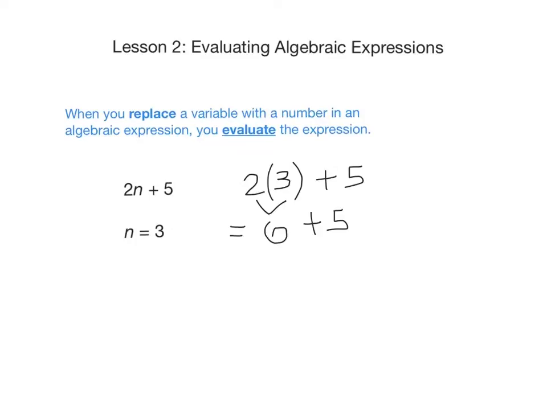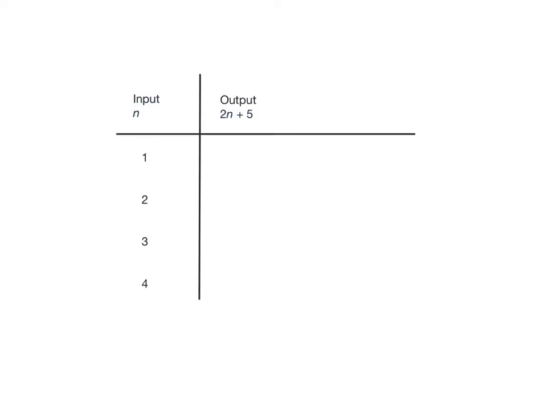And now we solve. 6 plus 5 will give us 11. 11 will be the answer to this expression when n equals 3. So when n equals 3 and we substitute 3 into n, we can see that 2n plus 5 will give us 11.